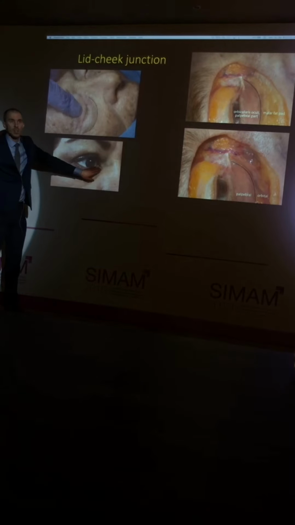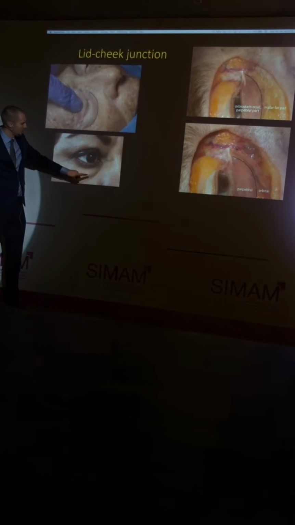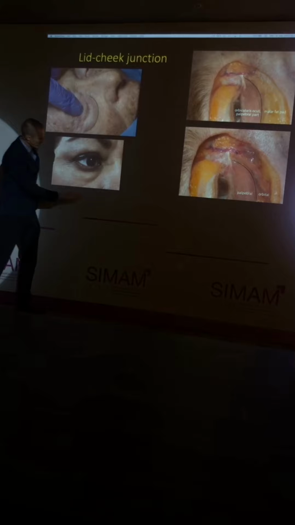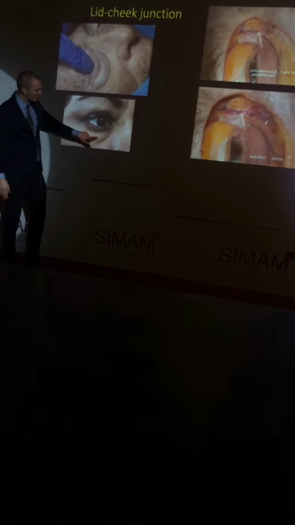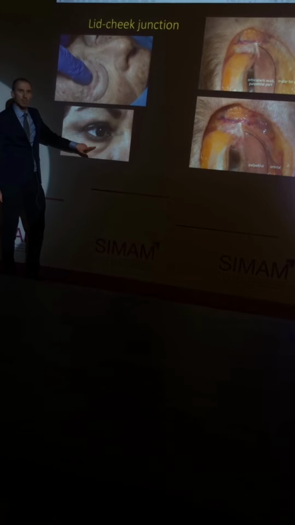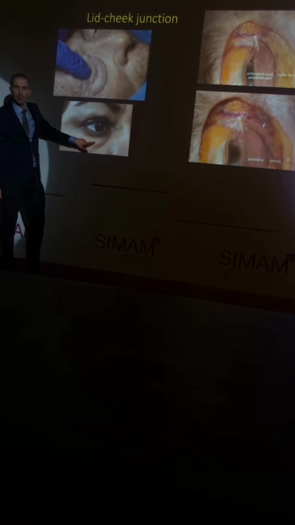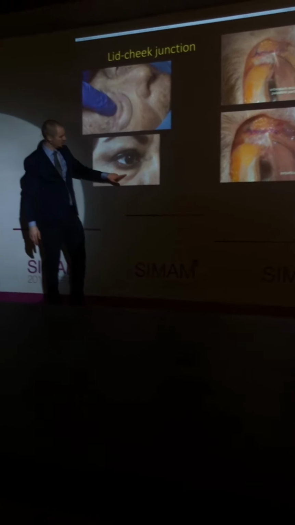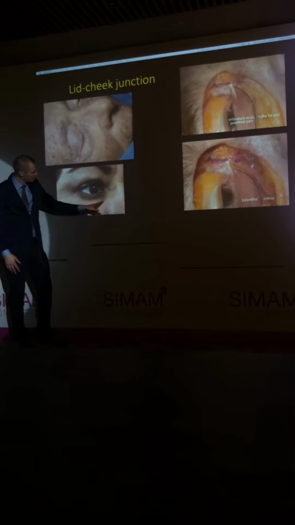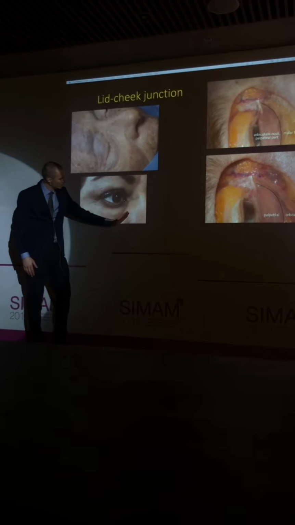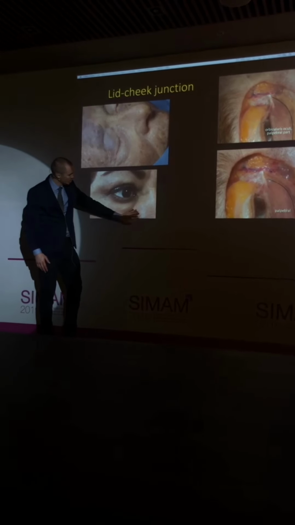And this is what we see here as well, on the real patient. We know that this is bulging of the intraocular fat. We understand that below is the line where the subcutaneous fat begins, the malar fat.